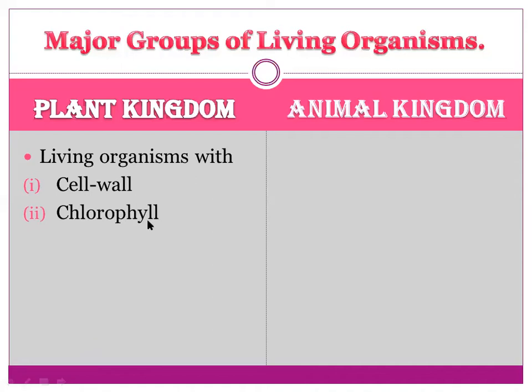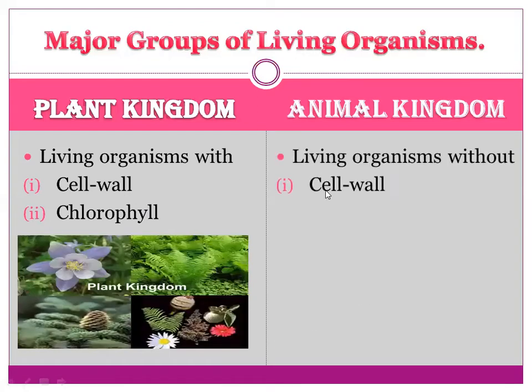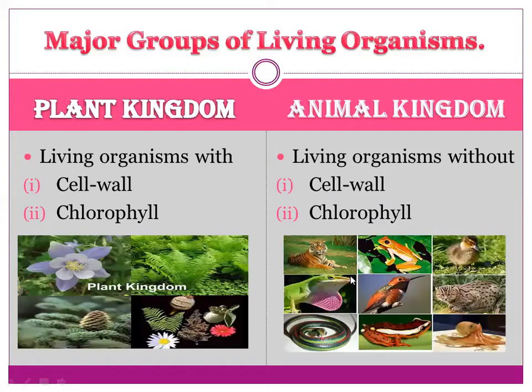It is a green color pigment found in all plants, and it helps plants make their food through the process of photosynthesis. So all living organisms with a cell wall and chlorophyll are considered plants, and all living organisms without a cell wall and without chlorophyll are considered animals. So previously living things were broadly divided into two categories: either plant or animal.